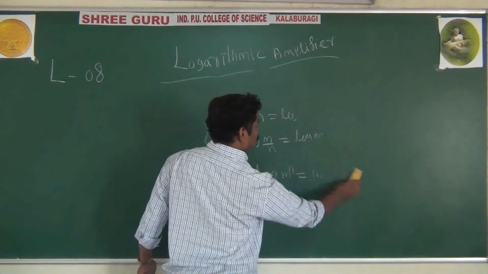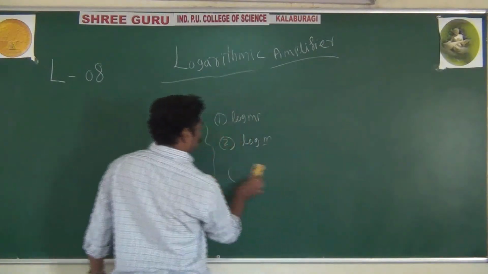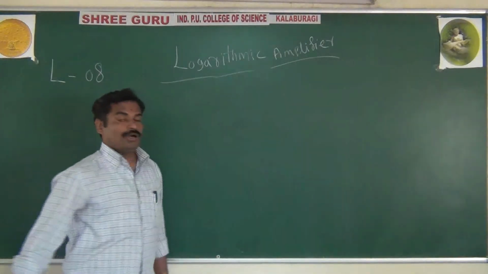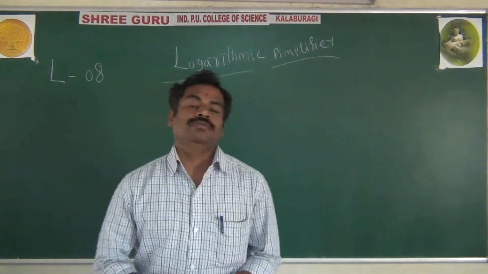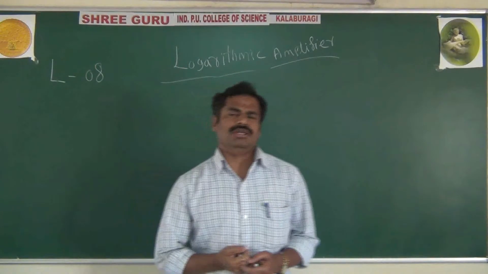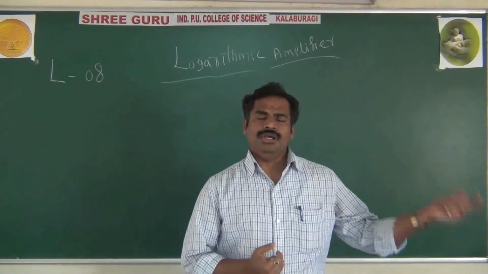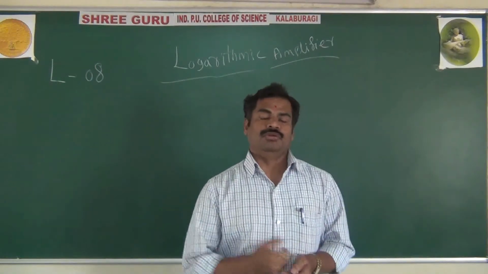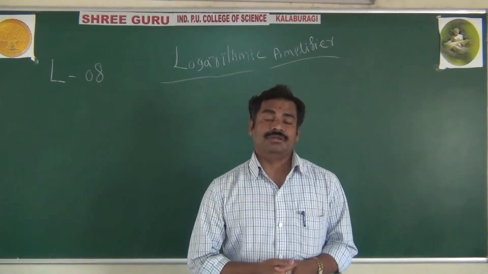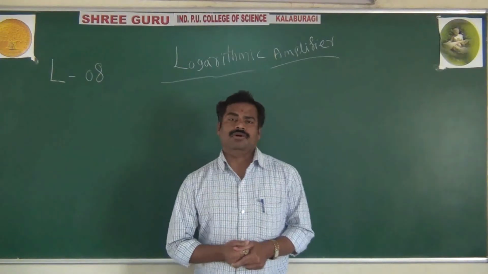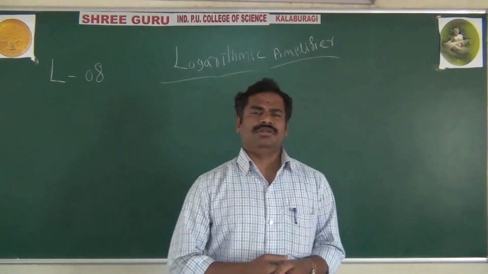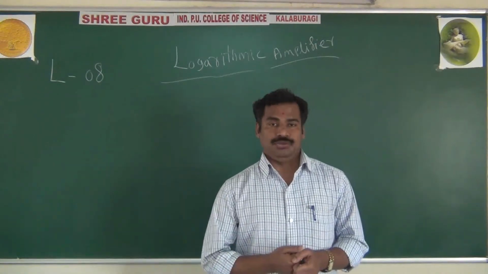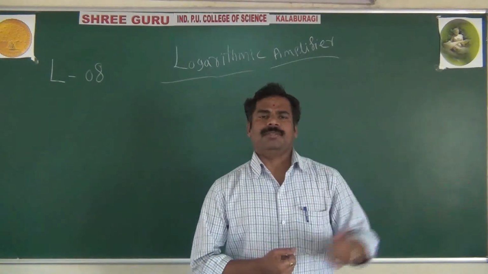Now we go for the circuit diagram, its explanation and the derivation for how the op-amp can be used as a logarithmic amplifier. In an integrator and differentiator you use a capacitor in the input or the output. But in a logarithmic amplifier you use a diode, and some books also use transistors, but according to your syllabus they use diodes.